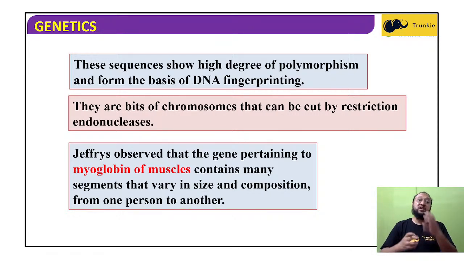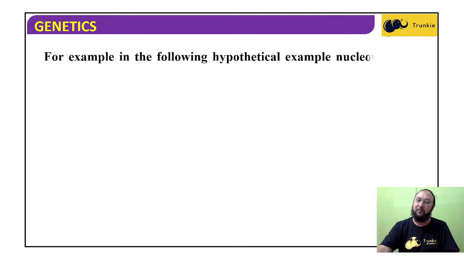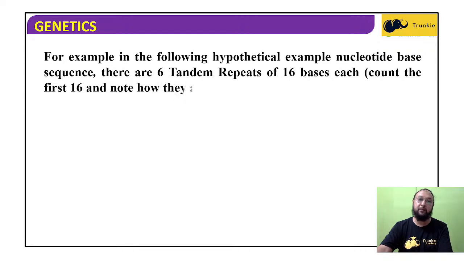When he was studying the sequence of bases in this DNA, he observed this variation. This clicked in his mind, and it formed the base for the discovery of DNA fingerprinting.